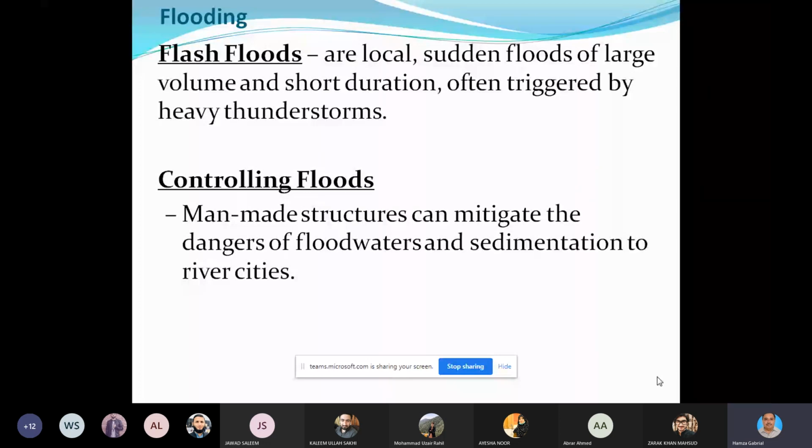So in our DI Khan and DG Khan area, you see there are hill torrents or flash floods occurring, causing a lot of damage in those areas.